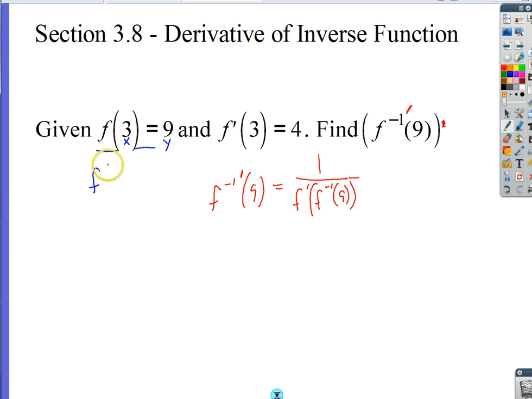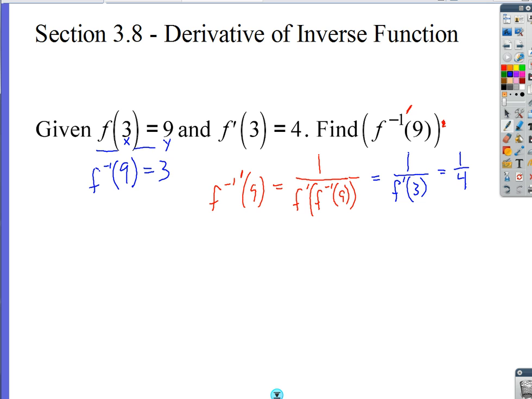So really what this means is f inverse of 9 is equal to 3. Now when I do f inverse prime of 9, that's really equal to 1 over f prime of 3. And what's f prime of 3? F prime of 3 is 4, so it is equal to 1 over 4. And that's the example.